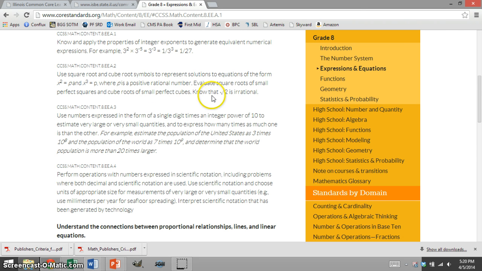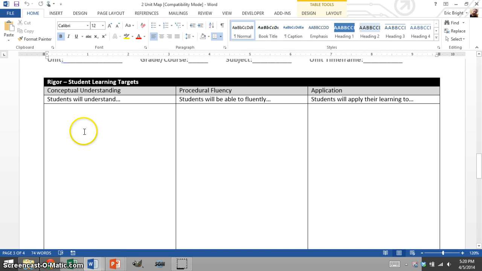Again, here 8EE2, know that the square root of 2 is irrational. Well, that's just a concept, an irrational number. It's irrational. So that's going to go in the conceptual understanding. When solving these types of equations where those numbers are going to come up, that's going to be in the procedural fluency. So I'm going to split apart the standards so that they fit within my unit map, and so I can set my student learning targets appropriately.